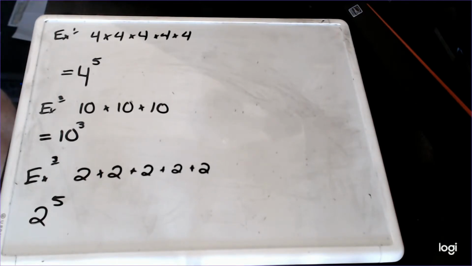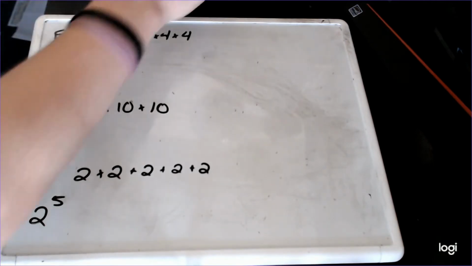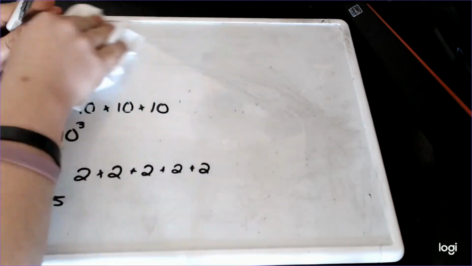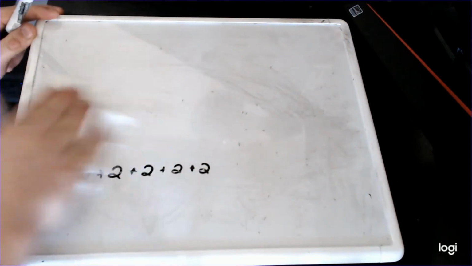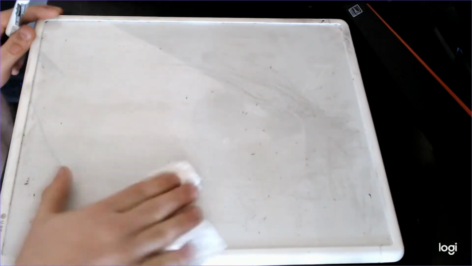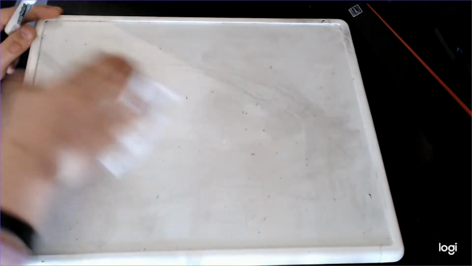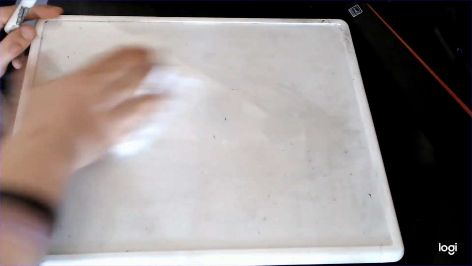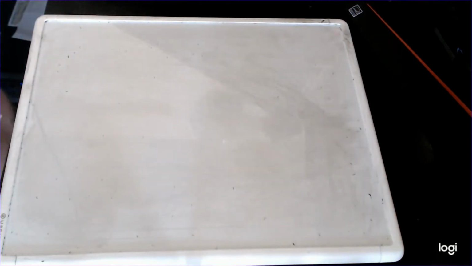So, now here's where exponent laws and some cool exponent rules can come into play and help us out. Because that's all well and good. Now I can identify if I have a series of long multiplication with the same base, I can write it as an exponent, and that's great.